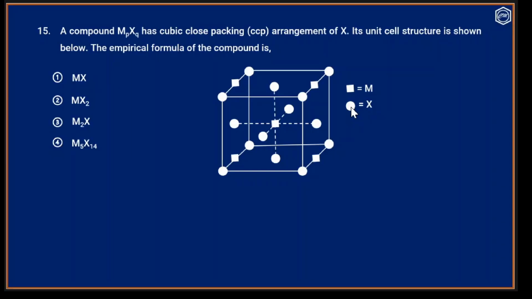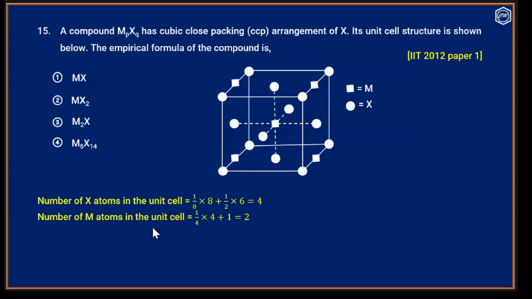X atoms are circles and occupy the corners as well as the centers of the faces. The number of X atoms in the unit cell is 1 by 8 into 8 plus the face centers, half into 6, is equal to 4. So X atoms form a face-centered cubic lattice.